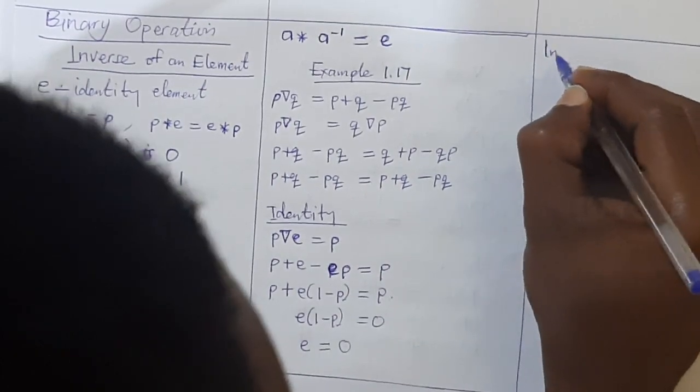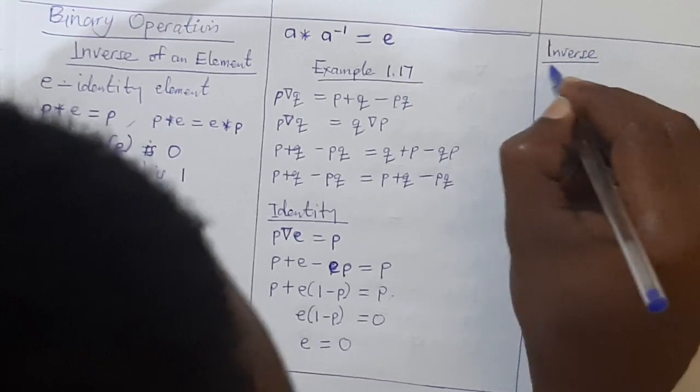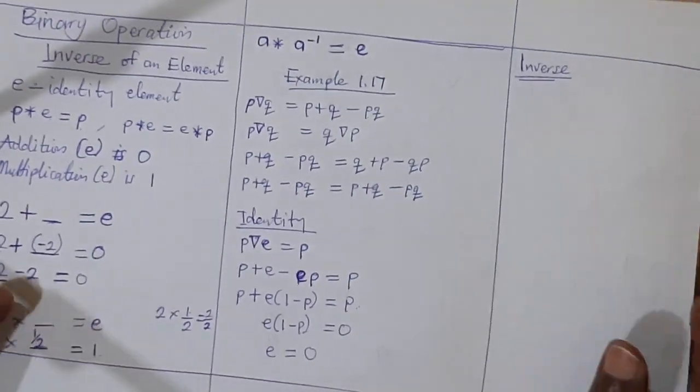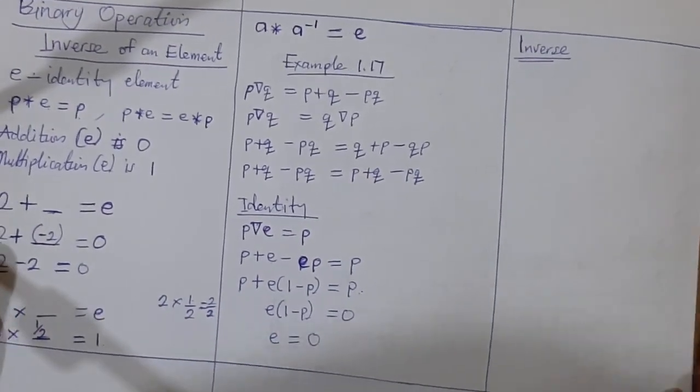So inverse, we have P operation its inverse should give us the identity element.